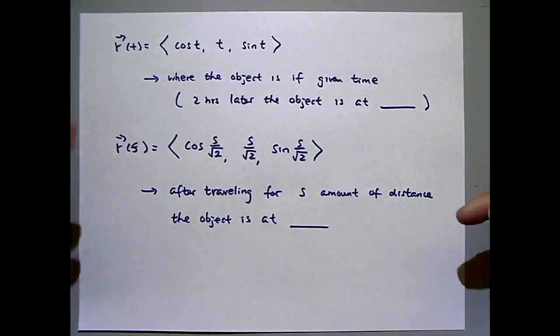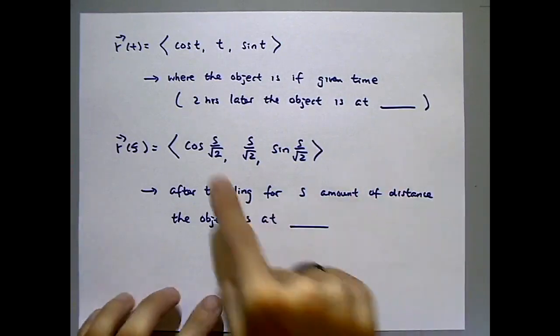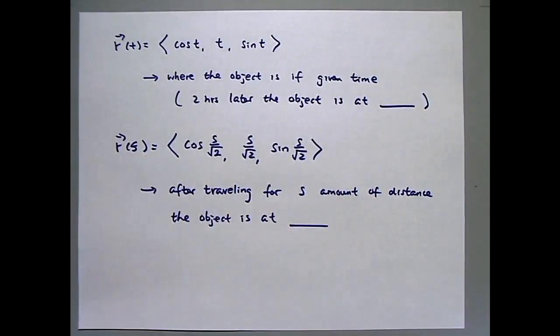And this is how the odometer in your car is telling you, essentially. You take the car off the lot, you've driven that for 10,000 miles. After traveling for 10,000 miles, that's your s right here. You are at wherever you are. Now, if you're running on the track, you're timing yourself with time. That's looking at this. After I've run for 20 seconds around a 400-meter track, would I be halfway around?